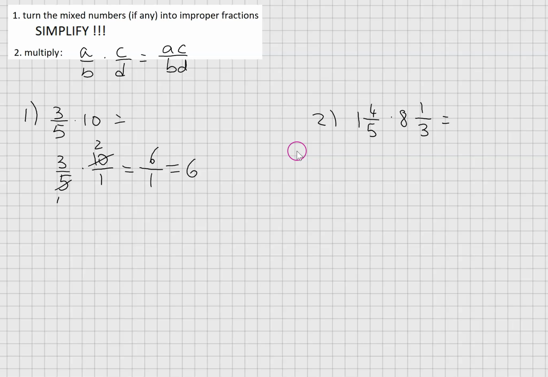Second question. Turn the mixed numbers, if any, into improper fractions. Yes, both of them are mixed numbers, so let's turn them into improper fractions. 1 times 5, 5 plus 4, 9 over 5. 8 times 3, 24 plus 1, 25 over 3.